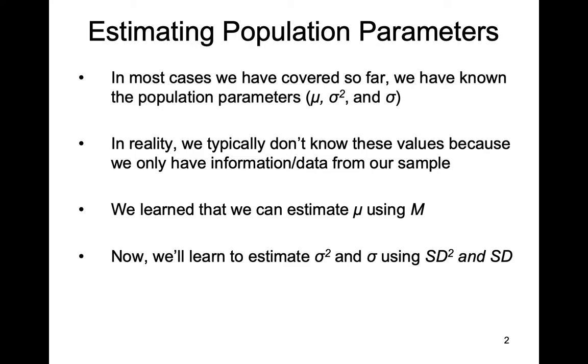So just notice the different terminology. We've got a sigma squared and a sigma to represent the population parameters for variance and standard deviation. And then we've got SD squared and SD to represent the descriptive statistics that we would calculate for variance and standard deviation using sample data.